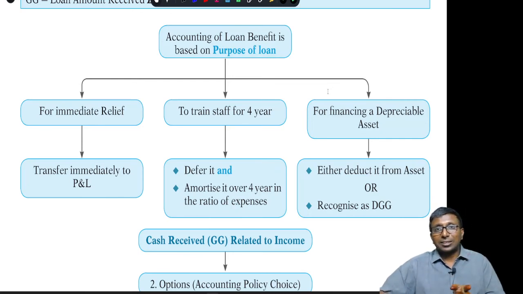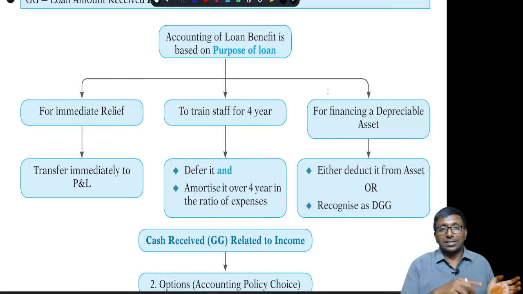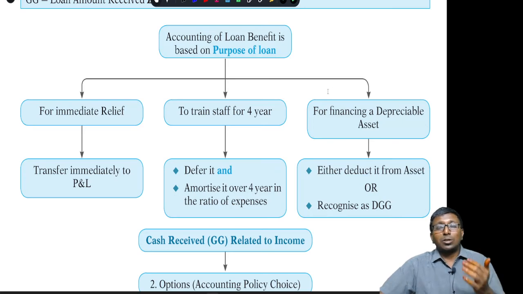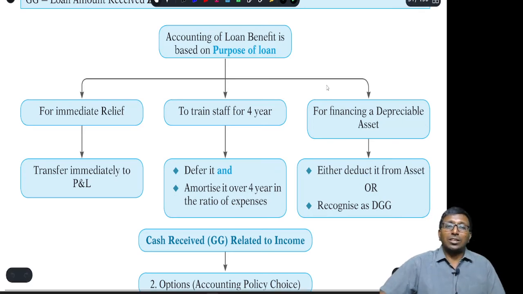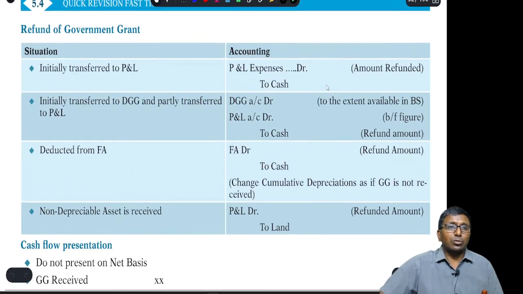Next, if it is for the purpose of funding a depreciable asset, then it can be reduced from the cost of the fixed asset, or it can be transferred to DGG, and from DGG it should be transferred to P&L over the life of the asset in the ratio of the depreciation. That is related to income, which we have discussed.